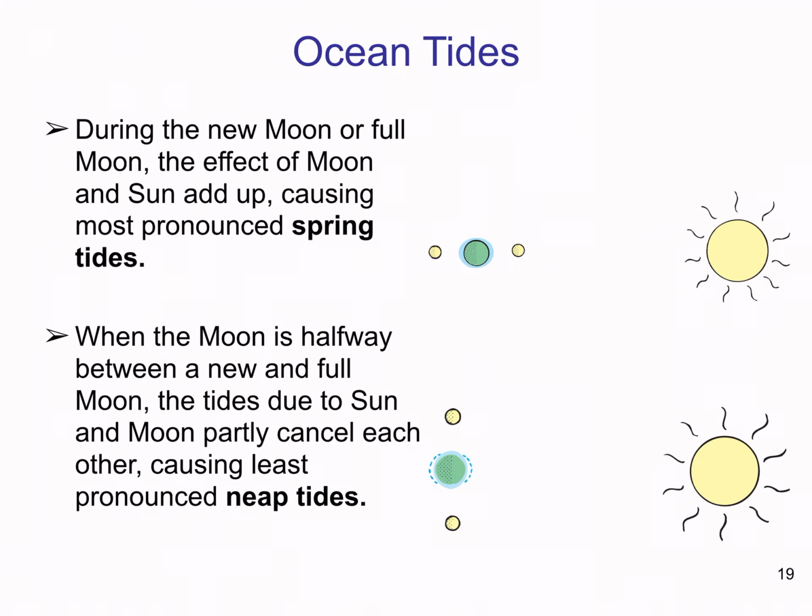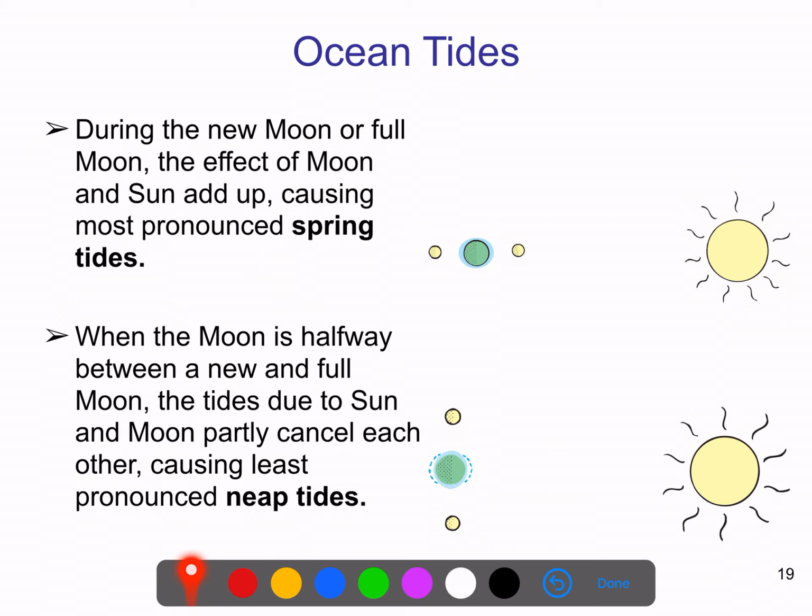Now, the moon is not the only thing that's tugging on the Earth. Also, the sun is tugging on the Earth. And so when you have an alignment of the moon and the sun, either because the moon is in a full moon position where it's on the opposite side of the Earth from the sun and it's getting this full sunshine, or because it's in the new moon position, in which case it's between us and the sun and the whole thing is in shadow from our perspective.